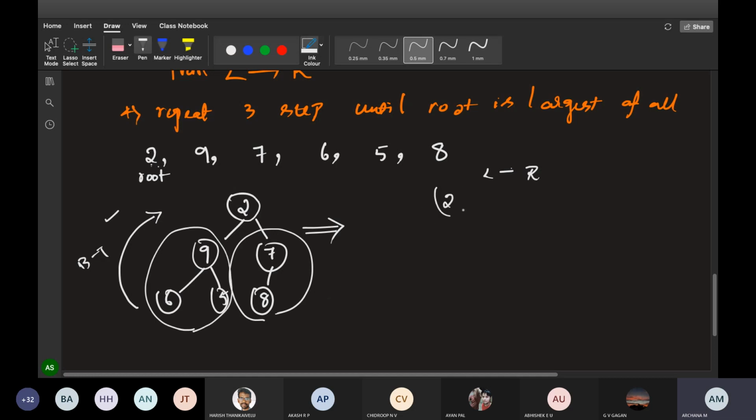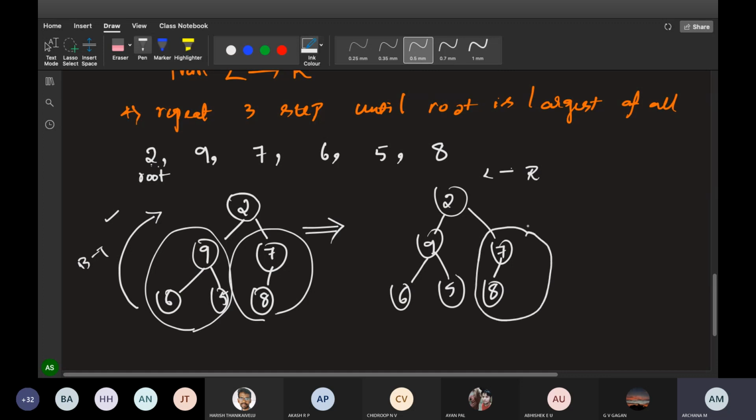Now look here: 2, 9, 6, 5, 7 and 8. Now I will go with this tree first. See this tree where the parent is greater than the child. Is parental dominance correct in this?